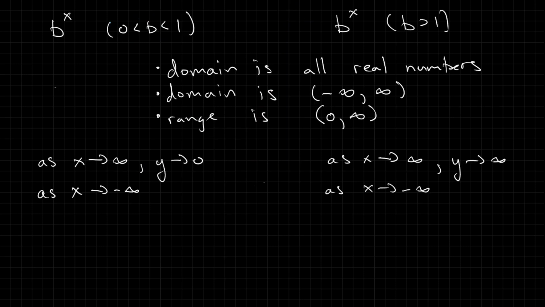And so we would say for bases between 0 and 1, as x goes to negative infinity, y goes to infinity. And as x goes to minus infinity for b to the x where b is bigger than 1, we see that y goes to 0. This discussion is known as a discussion of the end behavior of functions.